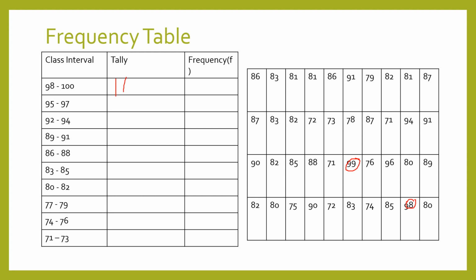Next, 95 to 97, we have one. 92 to 94, one only. 89 to 91: 1, 2, 3, 4, 5.